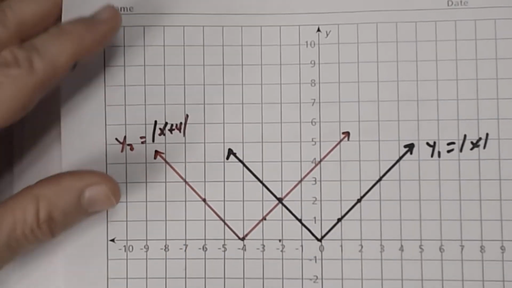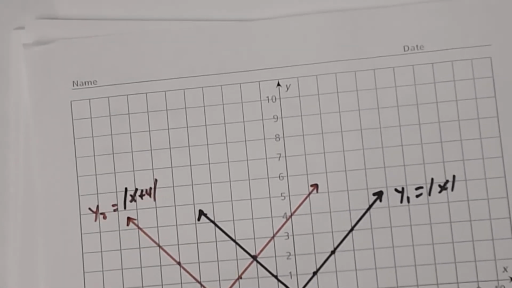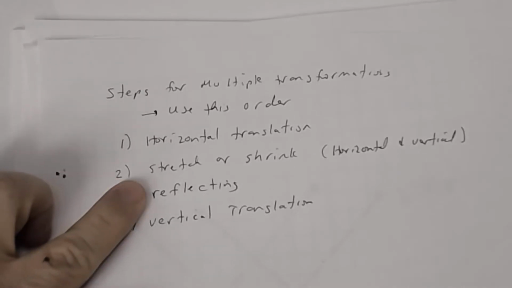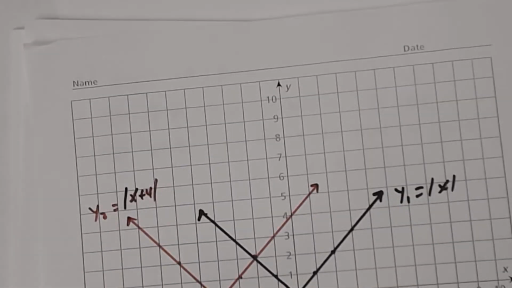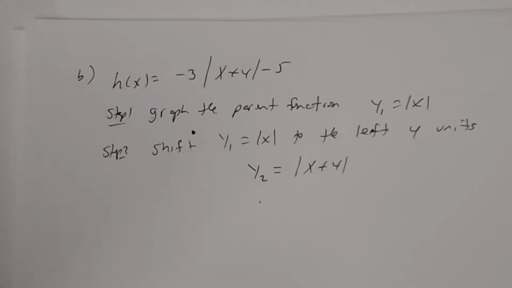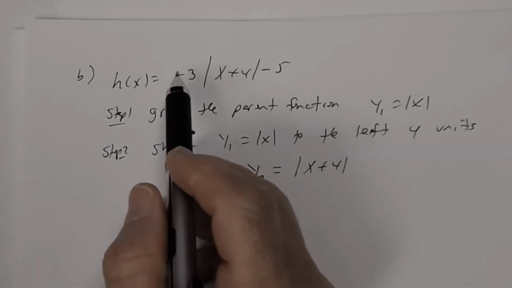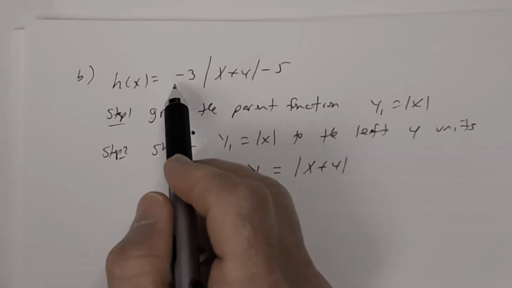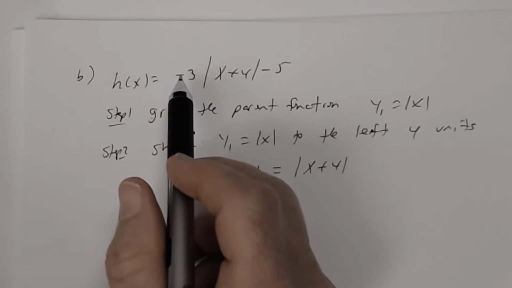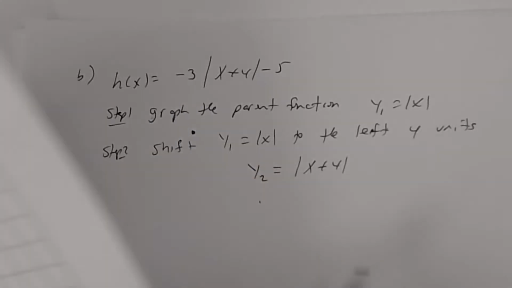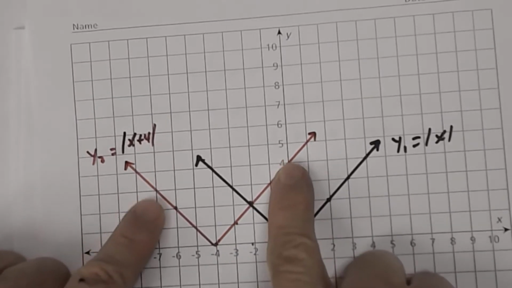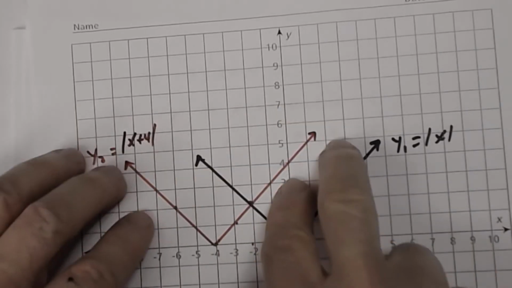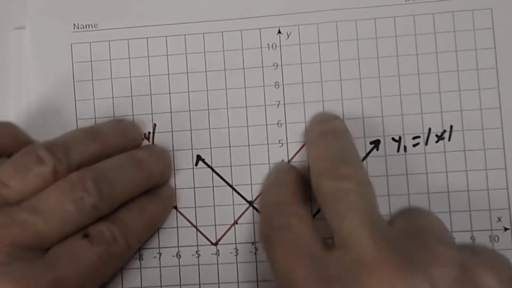Okay. All right. Now, what we're going to do next is, remember, we have to do a stretch or a shrink next. Do I have one of those? Yes, I do. So that's this right here, the absolute value though. So the absolute value of that is 3. All right, so that's a vertical stretch. So what that means is I'm taking the red graph now and I'm stretching it away from the x-axis.